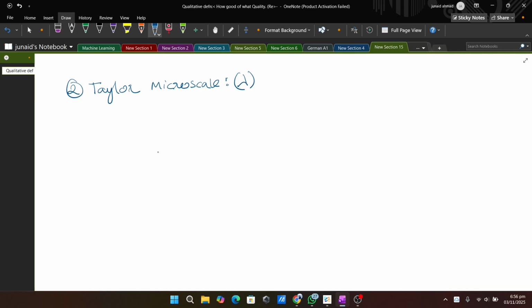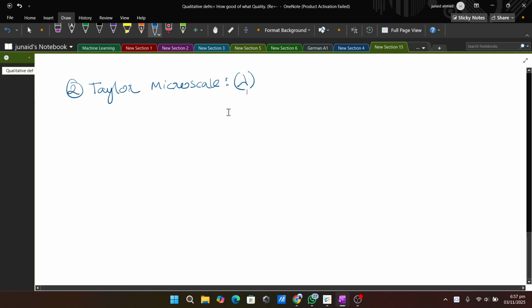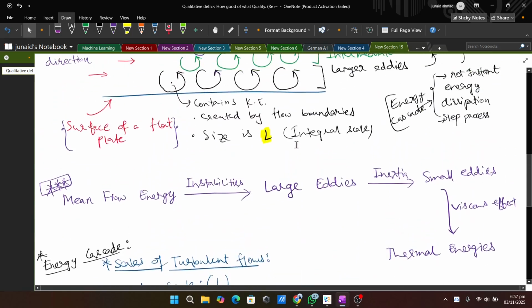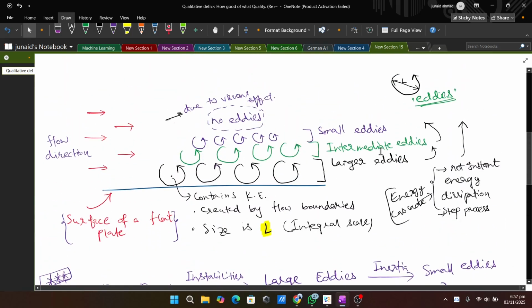This represents an intermediate scale between large energy containing and small dissipative eddies. Its significance is that it defines the scale over which velocity gradients are significant but viscosity is not yet dominant. It represents the intermediate eddies.